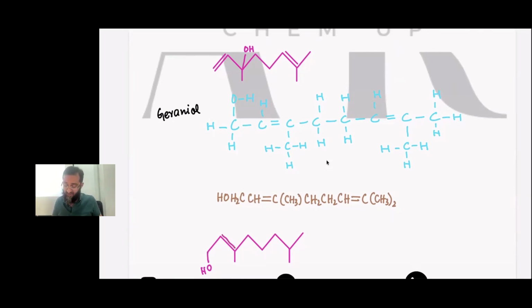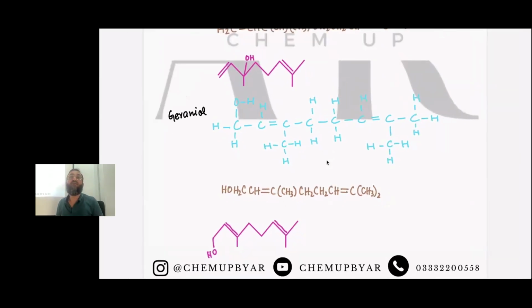Then we have CH3, then CH2, CH2, then CH, and then we have a double bond. So that is the skeletal formula. Yes, Ridwan, is this clear? Yes, Ahmed. Yes, Mariam. Clear, sir.